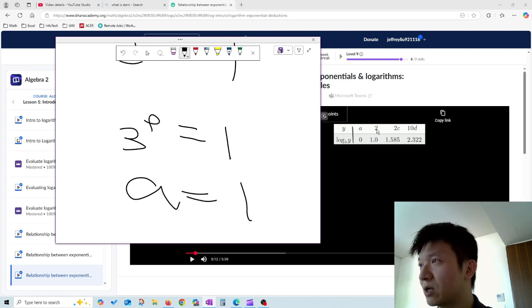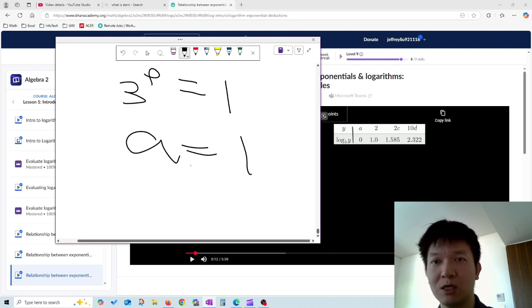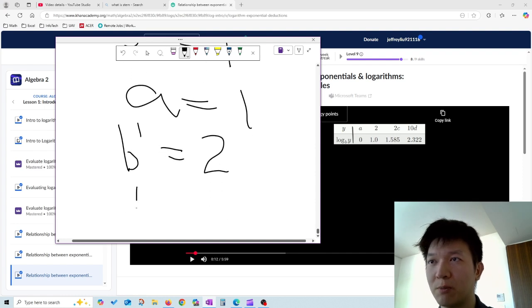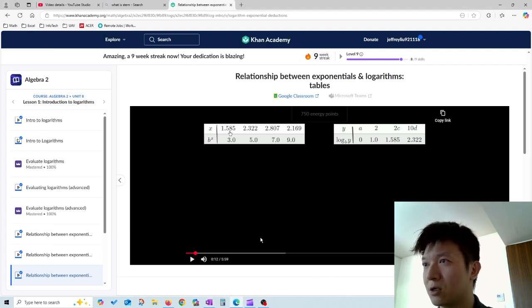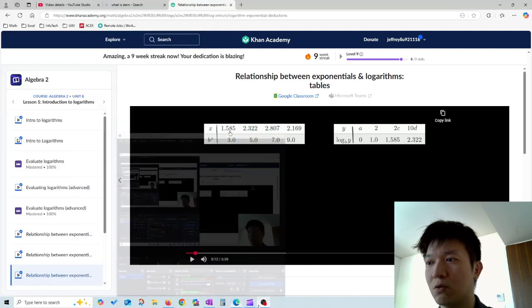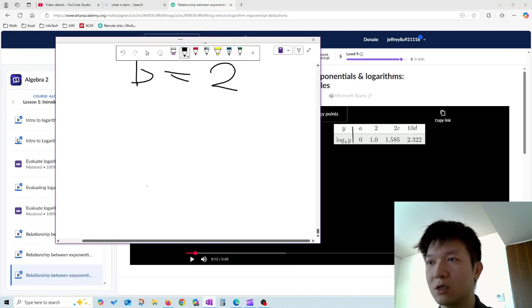So now let's move on to the second one. Log base, right? And you got a 2 right here. Base to the power of 1 equals 2. So what is our base? Of course our base is going to be itself, so it's going to be 2. Okay, so you look over here, we can now plug in the exponential form and all things are clear, right? We have two kinds of form.